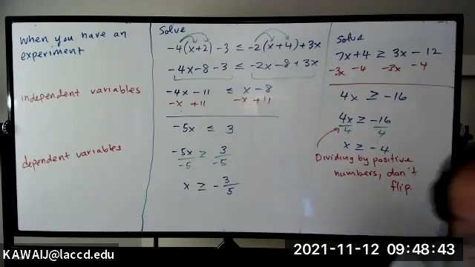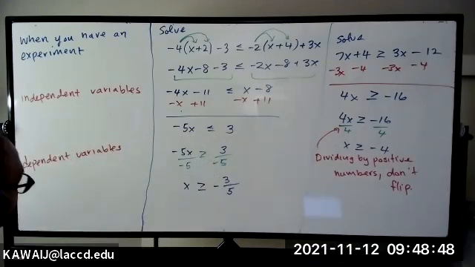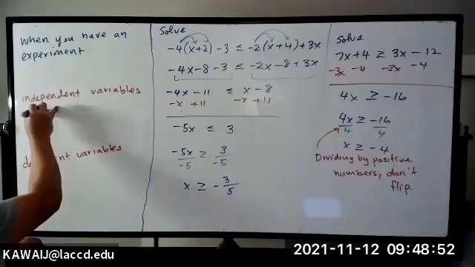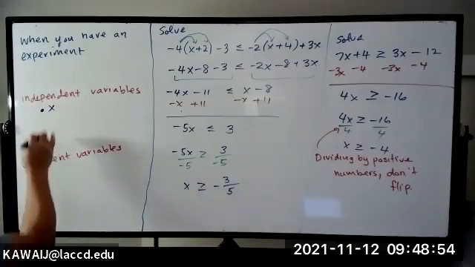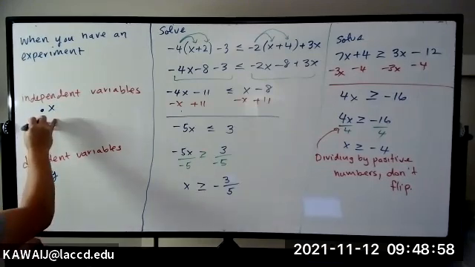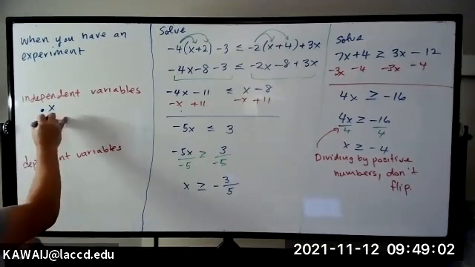Okay. Now, there's a bunch of ways of thinking about the independent variable. When you are graphing it, the independent variable is the x variable, and the dependent variable is the y. The independent variable is what you control.